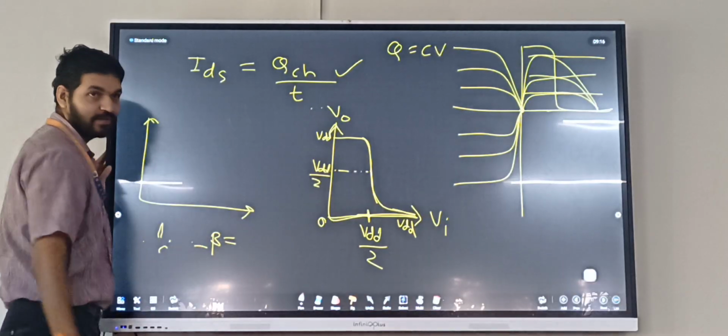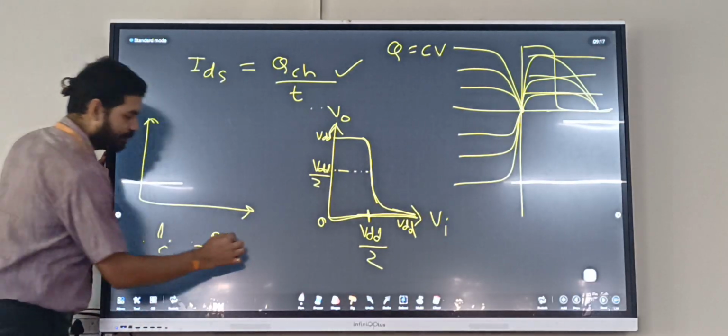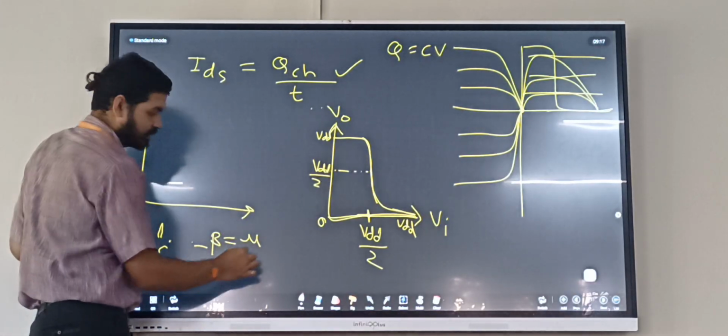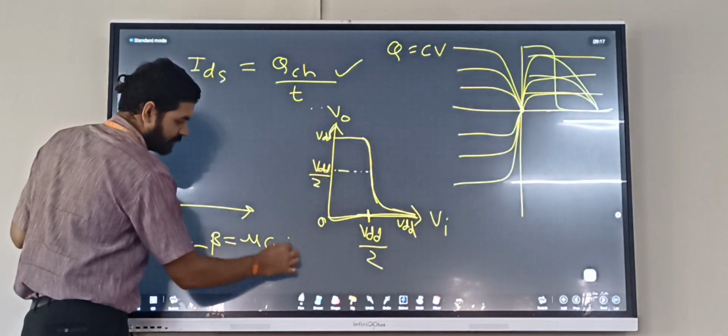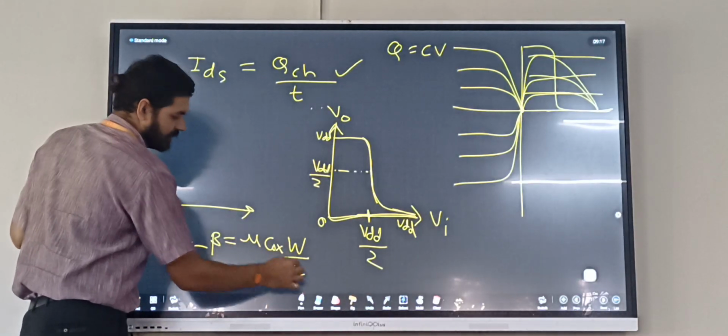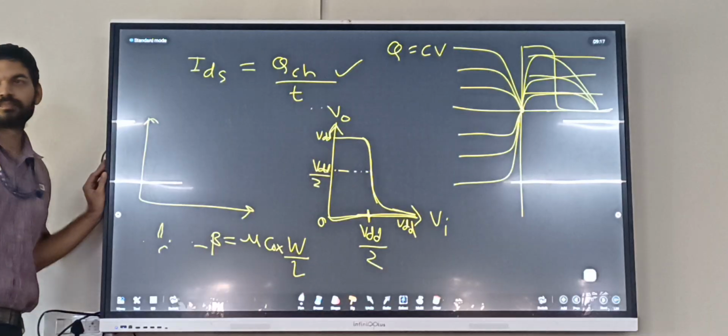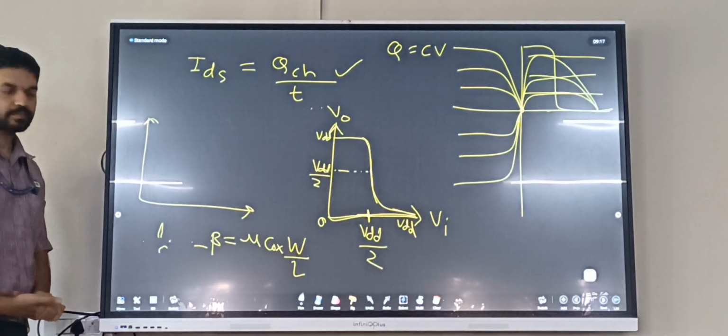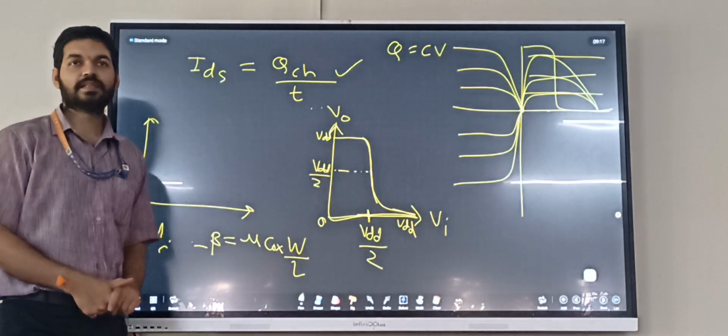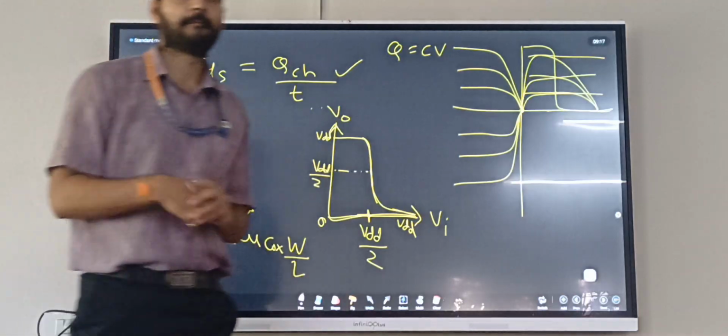The derivation we have seen. At the end, we have replaced beta with this term. This term is beta. And now I am talking about the ratio of beta.